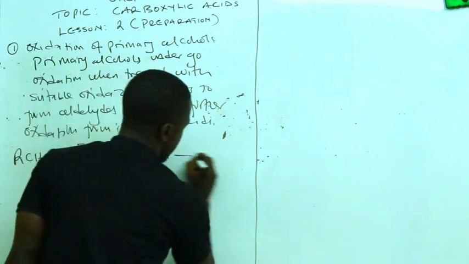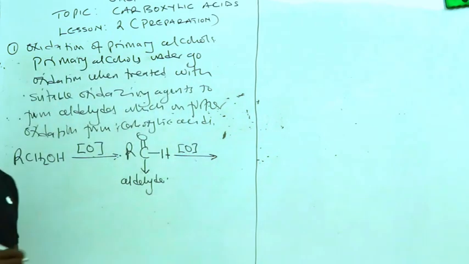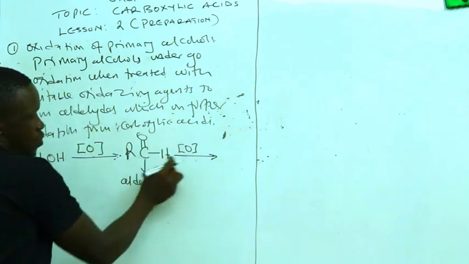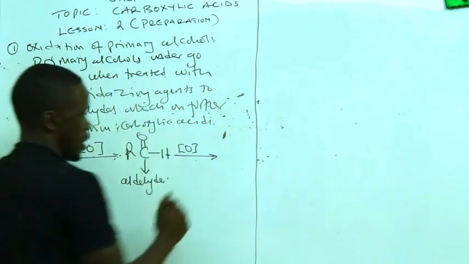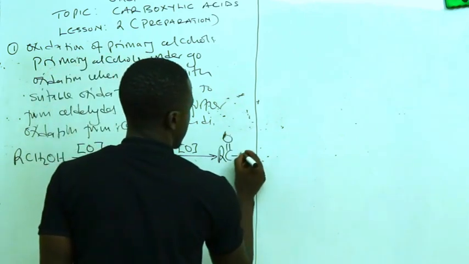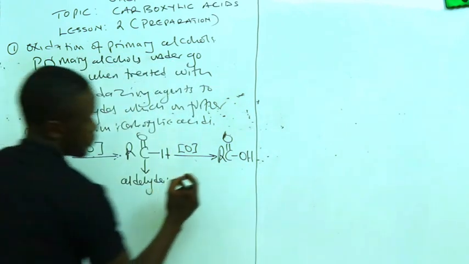So in presence of more of the oxidizing agent, then complete oxidation occurs. There is complete removal of the remaining hydrogen atoms, and then we shall form a carboxylic acid.